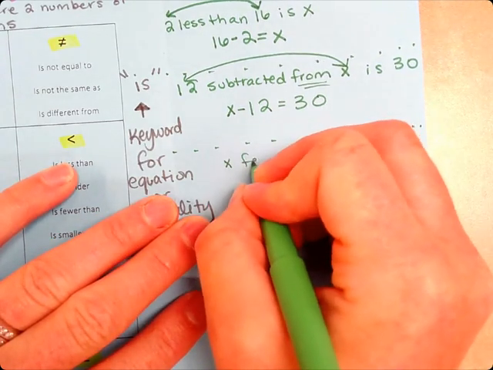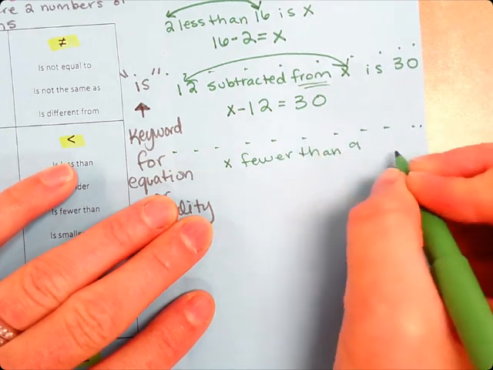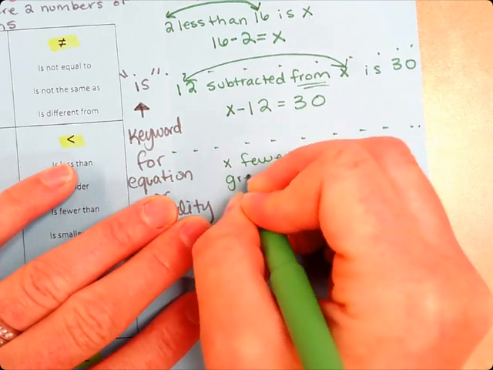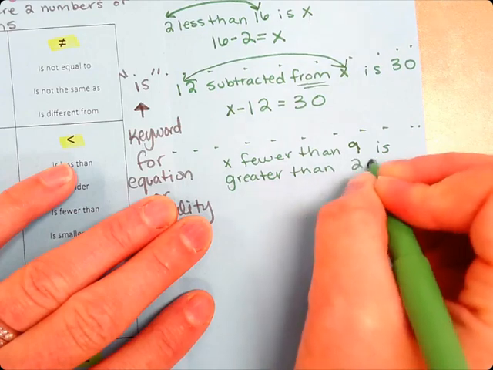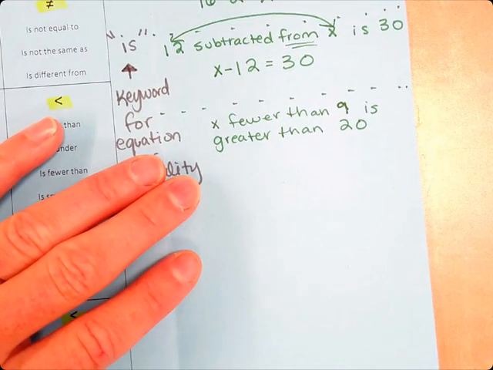X fewer than 9 is greater than 20. So x fewer than 9.